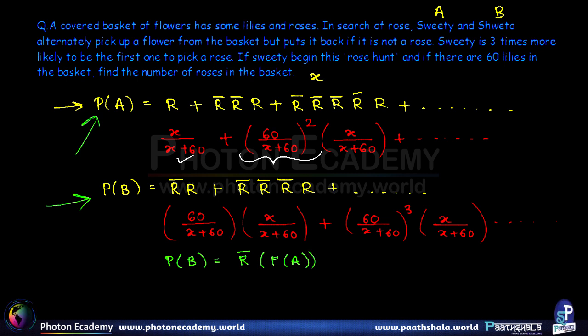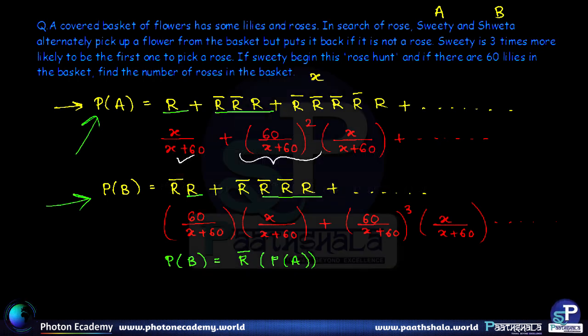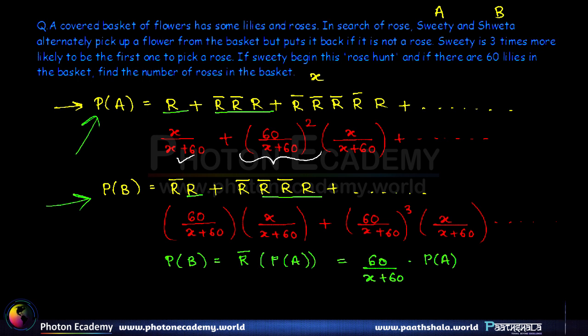That is correct, isn't it? Because there's R over here, there's R dash R dash R, R dash R dash R, and it will just go on. We know the value of R dash, it is 60 upon x plus 60 into PA. So this is the equation we have.